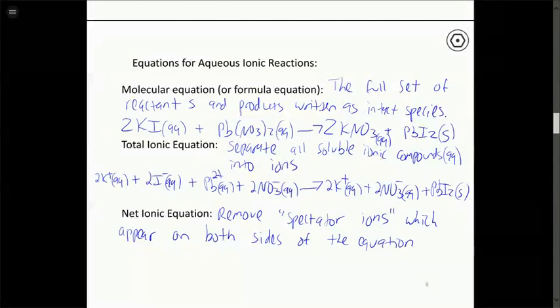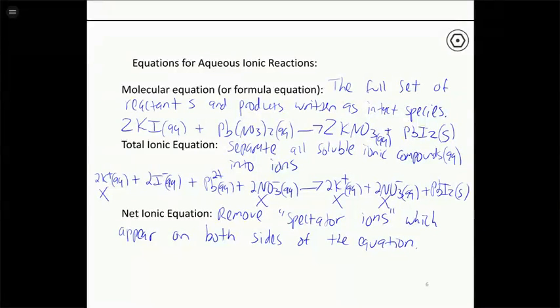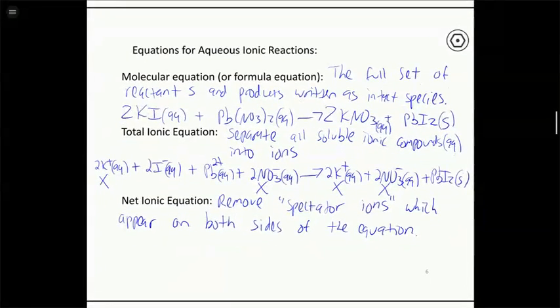Okay, so we find the ions that are on both sides of the arrow. So if we look at this up here, we have 2K pluses on each side, and we also have 2 NO3 minuses on both sides of the arrow. So K plus, potassium, and NO3 minus, nitrate, those are the spectator ions, and when we write the net ionic equation, we just drop those out. Basically, because they're on both sides of the arrow, they cancel each other out. You have something on the reactant side and the product side. There's no net change involving that species, so we don't have to even write it.